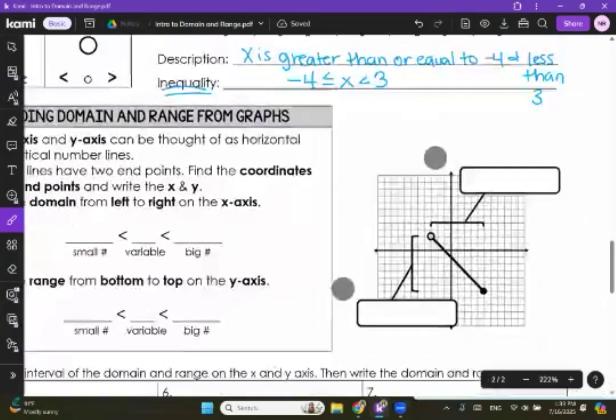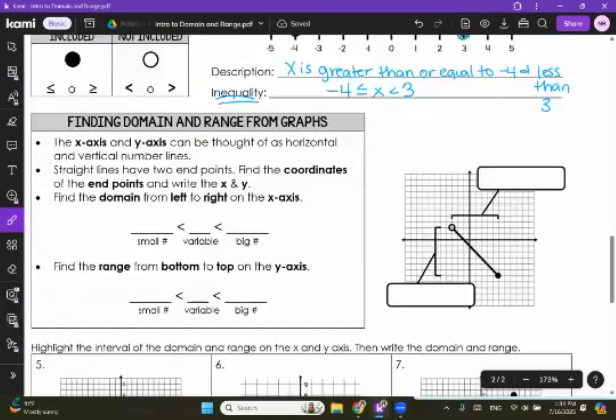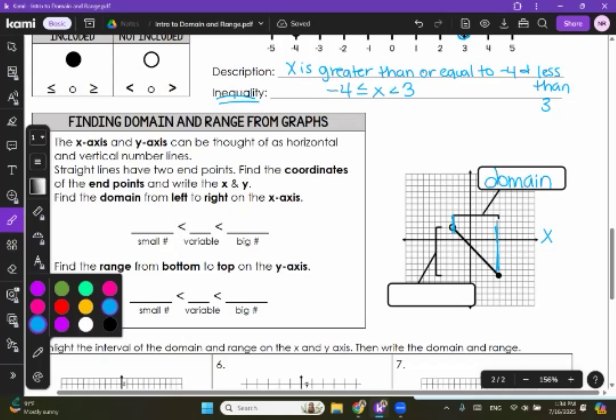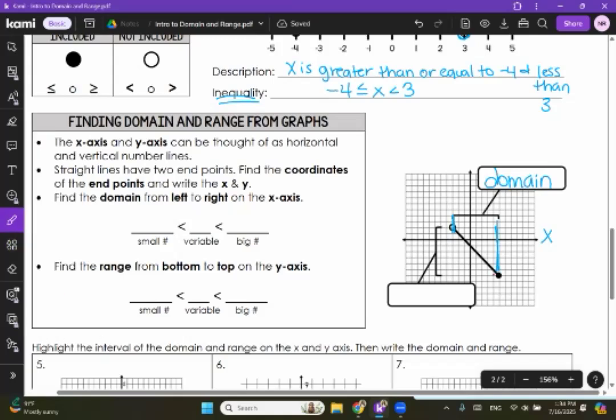Okay, so domain and range from graphs. Domain is going to be what your boundaries are from the smallest x to the largest x. That's your domain. Your range is going to be the boundaries from your smallest y value to your highest y value.